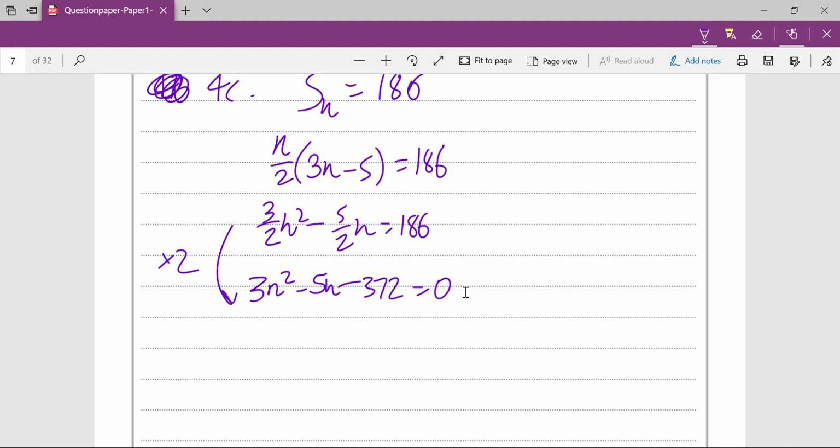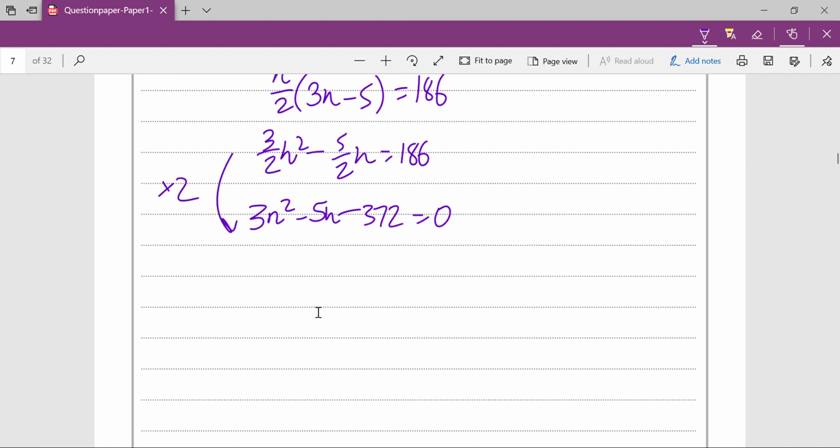Well, one thing, of course, would be to try and factor this by grouping. And of course, this may not be the best idea because we are working with such a ridiculously large number here in terms of trying to find its factors. Like, you would be trying to find the factors of negative 1116. So I think the best thing to do here would just be to use the quadratic formula to solve this question.